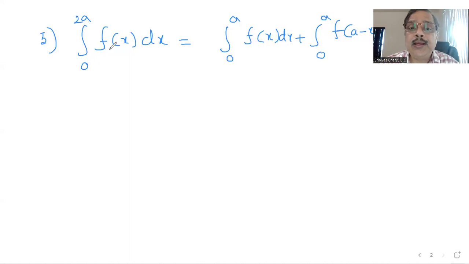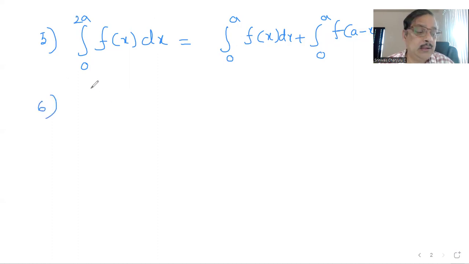Integral 0 to 2a f of x dx, you can split into the sum of two integrals. The first integral is 0 to a f of x dx, the second integral is 0 to a f of (2a minus x) dx. So 2a is now divided into two limits, sorry, two integral functions. So this is a very important property.